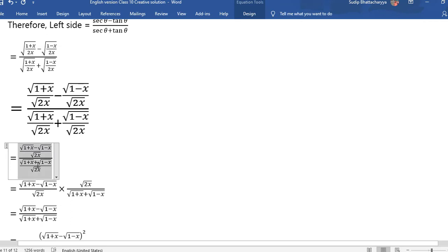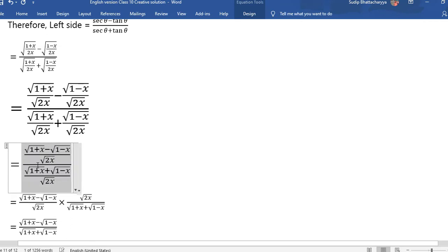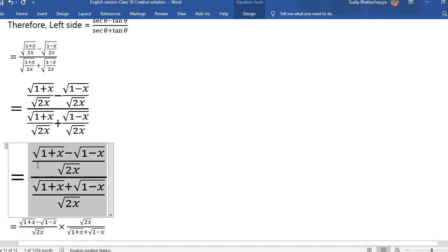When you add by taking the LCM of the denominators, the fraction expression will look like this. Root over 2x is the LCM of the denominators in the numerator of the total fraction, and you will get the numerators subtracted from each other, like this.